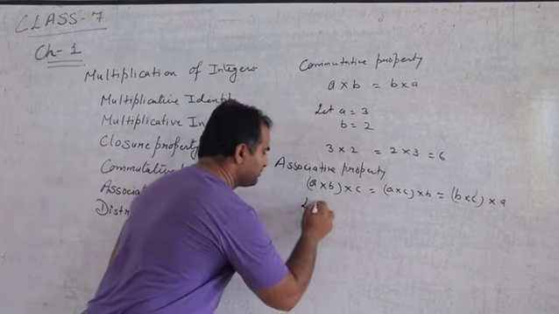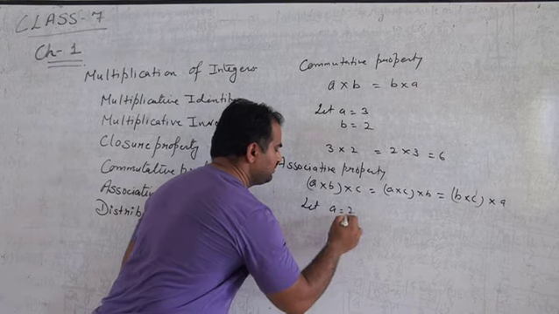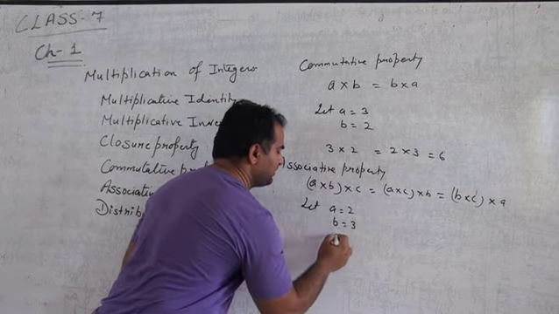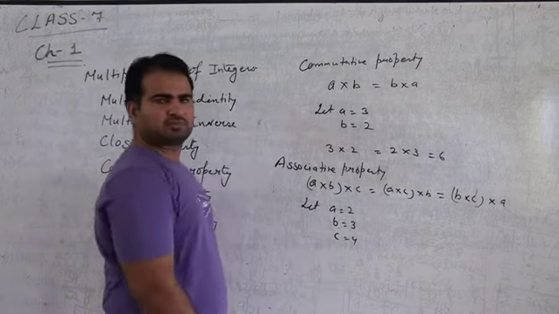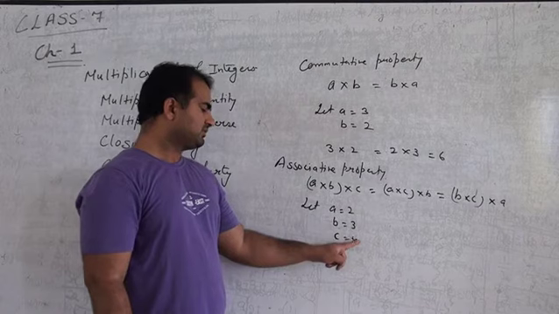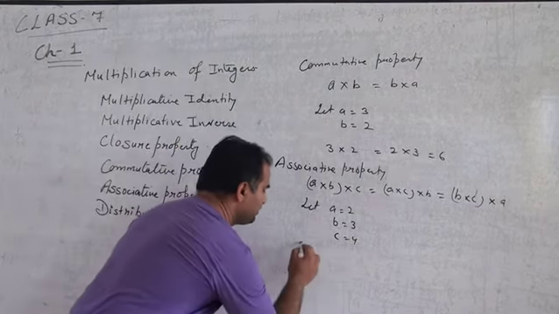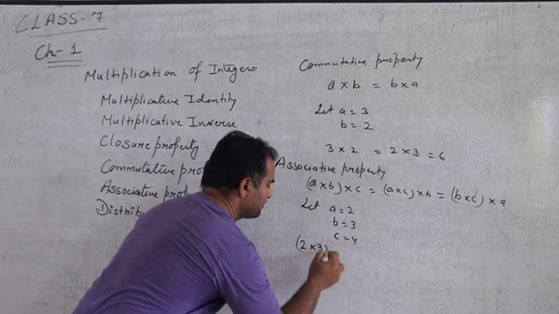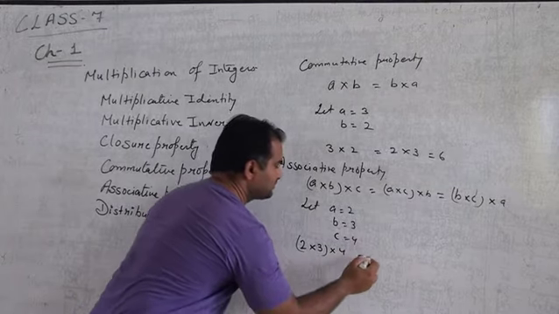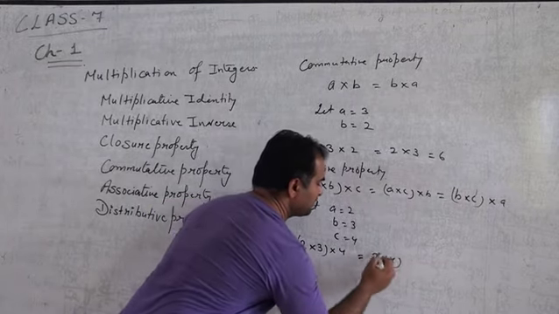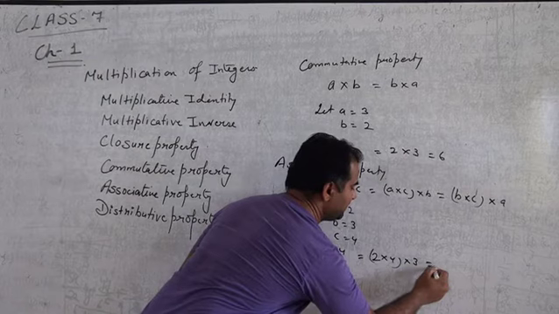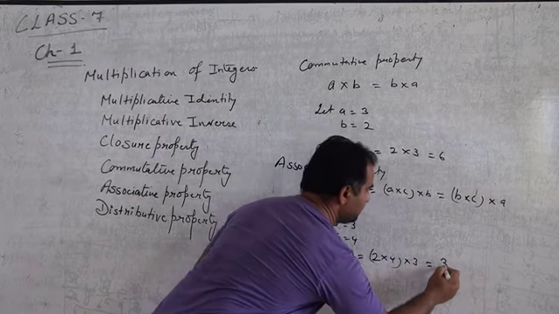Like, let A equal 2, B equal 3 and C equal 4.